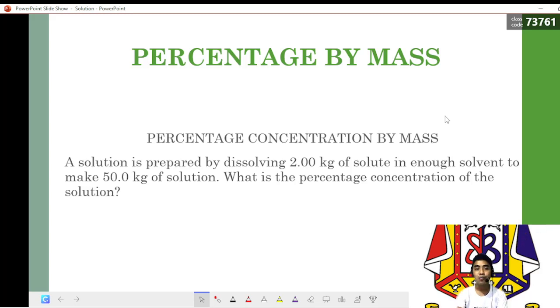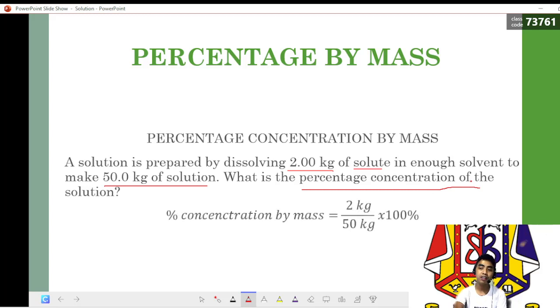So meaning, we have the given of solution since, based on our sample, the 50 kilogram is a solution and the 2 kilogram is our solute. So we are looking for the percentage concentration of the solution. Same equation, same process, you are going to divide the solute over the mass of solution.